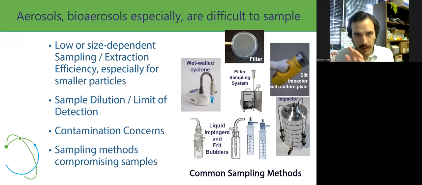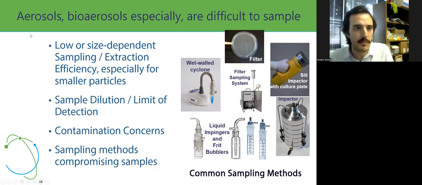So moving towards the why and how it relates to our technology, aerosols, and specifically bioaerosols, can be very difficult to sample in a way that you can do science or learn more about them from. You look at, for example, size dependent extraction efficiency going into the nanometer size range.